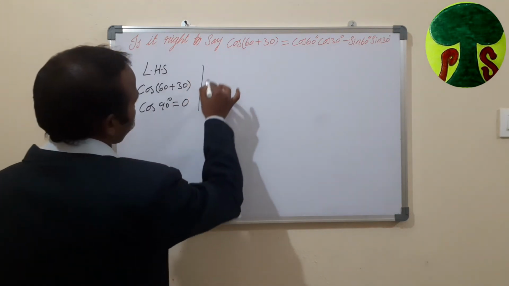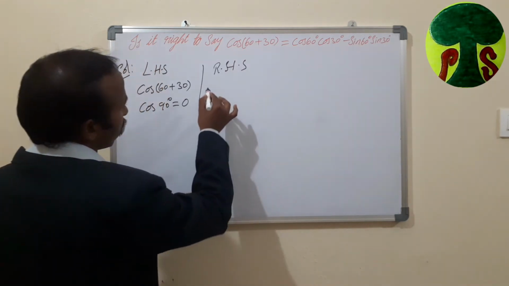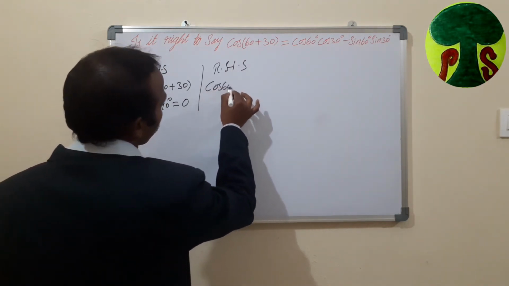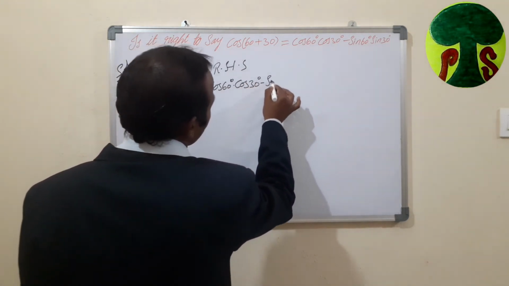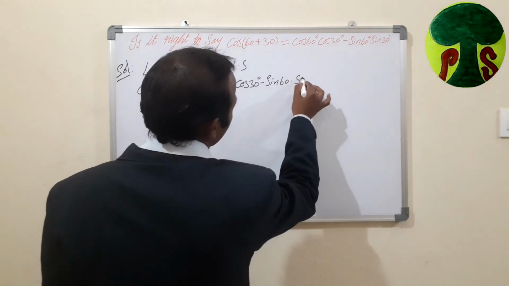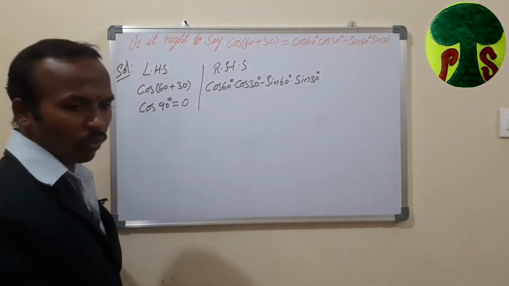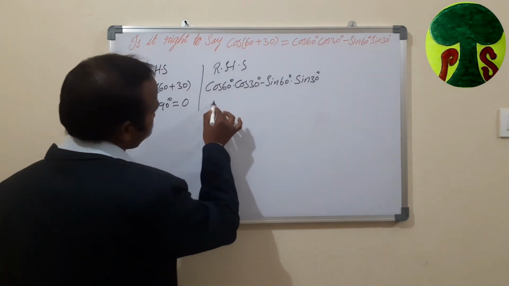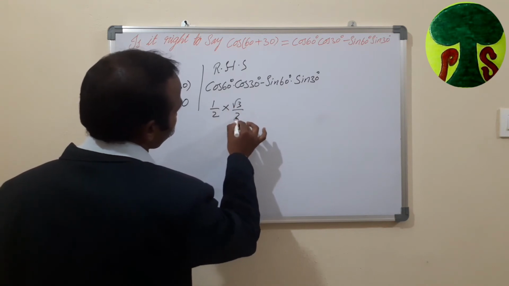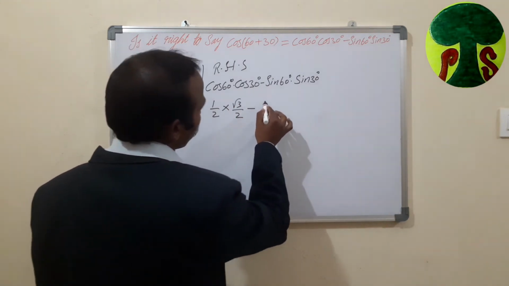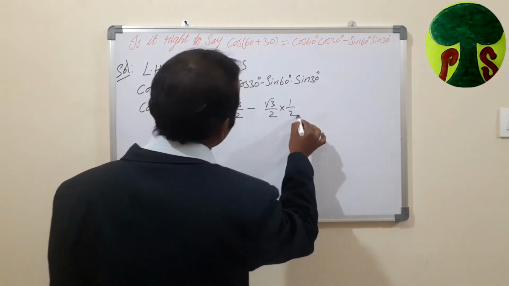Now we will consider the RHS. RHS is cos 60 into cos 30 minus sin 60 into sin 30 degrees. Now what is the cos 60 value? Cos 60 is 1 by 2 into cos 30 is root 3 by 2, minus sin 60 is root 3 by 2 into sin 30 is 1 by 2.